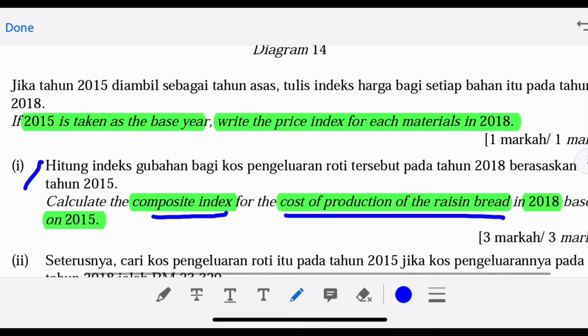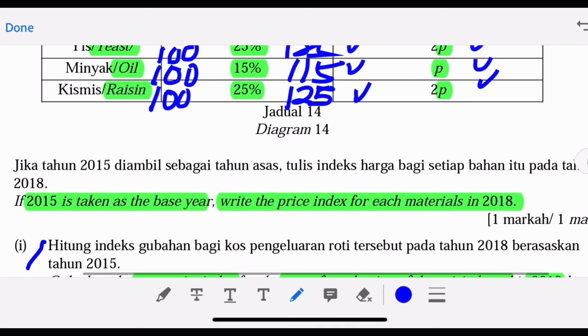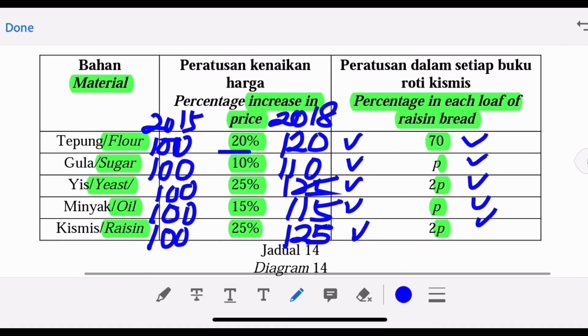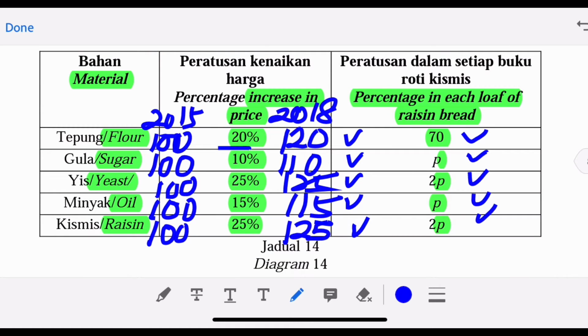If P is not given, we should know how to find it. Because these are actually percentages, we must find P.